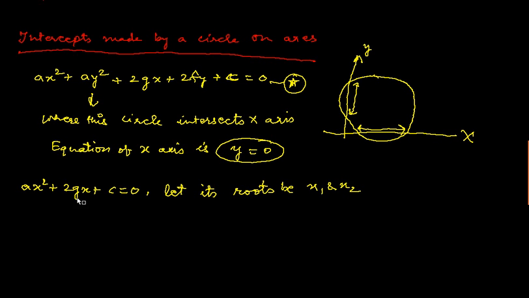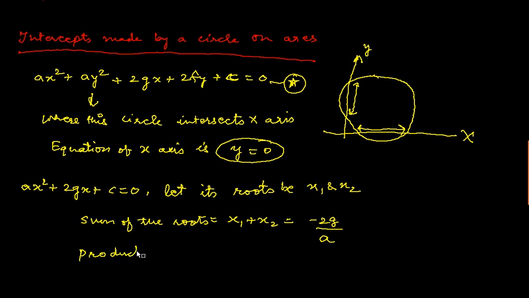Okay, then we know that sum of the roots, that is x1 plus x2, will be minus b, the coefficient of x, that is minus 2g upon coefficient of x square, and product of roots, that is x1 x2, is the coefficient of the last constant term, coefficient of x raised to power 0, that is c here, upon the coefficient of x square, that is a.